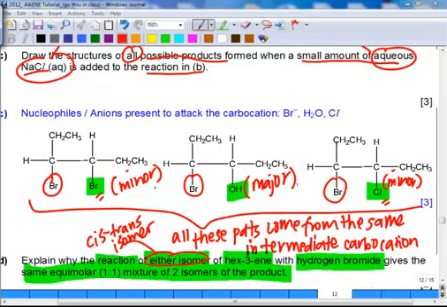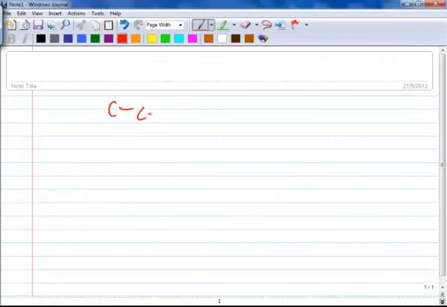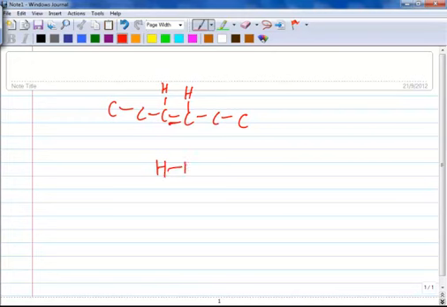So let's see, cis 1, 2, 3, 4, 5, 6 hextriene. It looks like this. When I add HBr, what is the rule that we talk about again? Correct, Markovnikov. So over here, I have one hydrogen attached to this carbon and one hydrogen attached to this carbon.